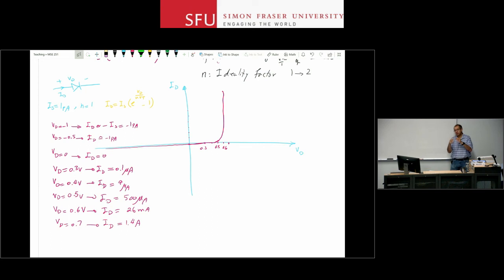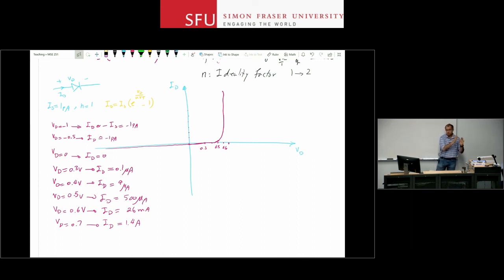How much? 0.6, 0.5, 0.7 volts, depending on the type of the diode that you're dealing with. For a big power electronic diode, it's probably 0.4, 0.5 volts. For a tiny diode on the chip, it's probably 0.7, 0.8 volts. It's actually larger for smaller diodes.